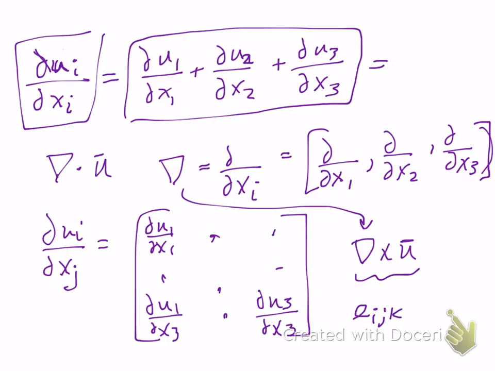The two vectors that we're going to put in this cross product are our u vector, and then this guy, which is actually also a vector, because this del symbol has three components, so it's really a vector.